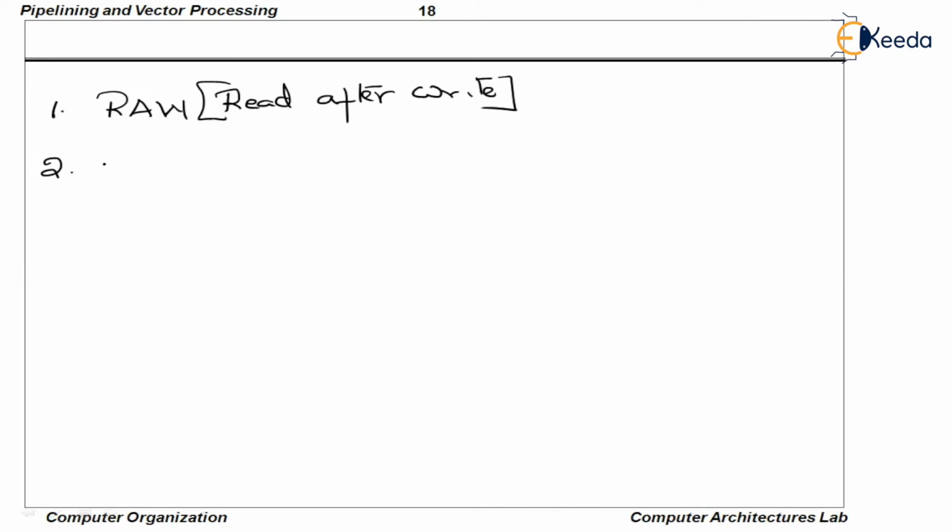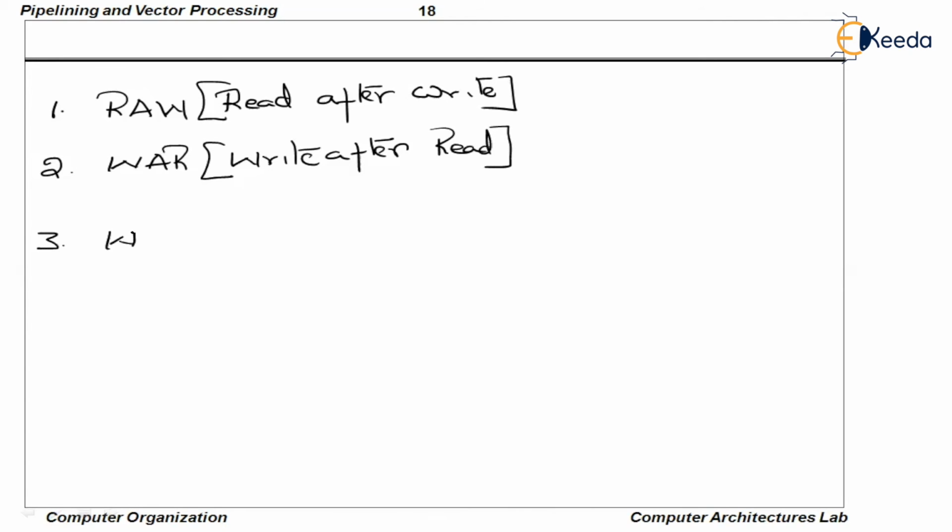The second hazard is called WAR, which is called write after read. And the third one is called WAW, that is write after write. Let us see what are these hazards.